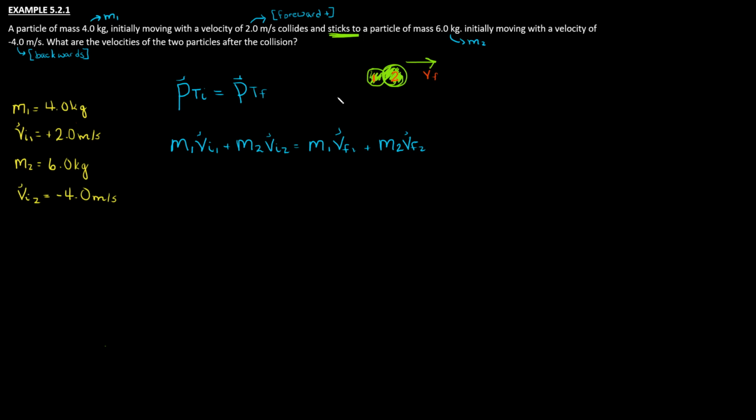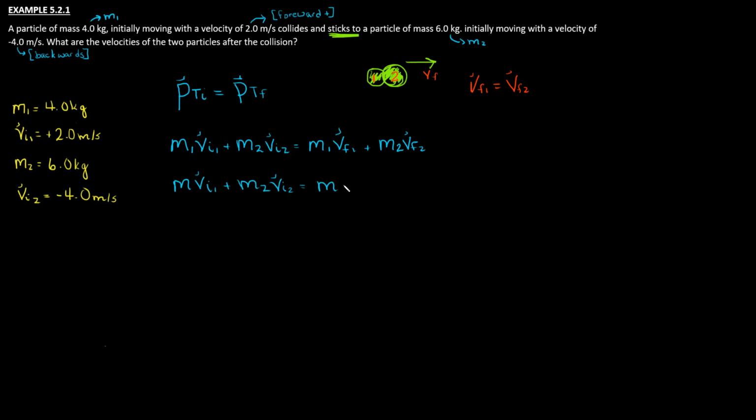What that means is, technically, are these two objects going to have a different final velocity? No. Really, VF1 and VF2 are going to be identical, right? If those two objects stick together, there's no possible way for them to be traveling at different velocities after that collision. Okay, so that means for this second part, we can almost consider that final velocity as just being the final velocity of both objects. There really is no VF1 or VF2.